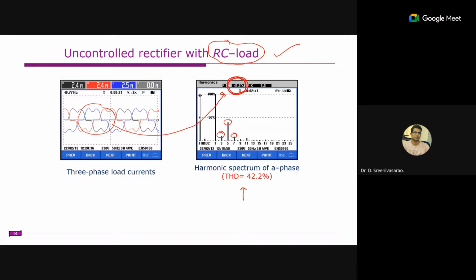Of course, nowadays we have active rectifiers, also called power factor correction rectifiers or improved power quality converters. These are now replacing the conventional rectifiers.